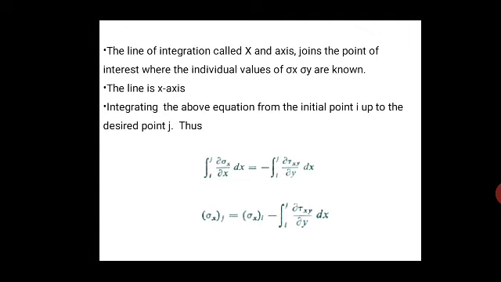Or we can represent it as sigma x of j is equal to sigma x of i minus integral from i to j of dou tau xy divided by dou y dx.